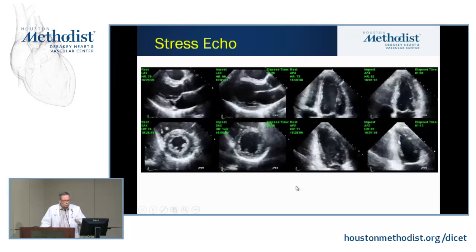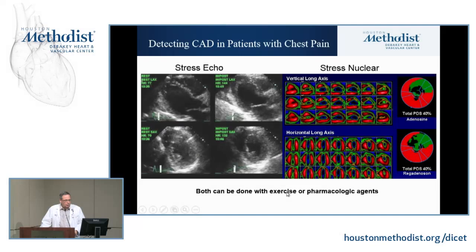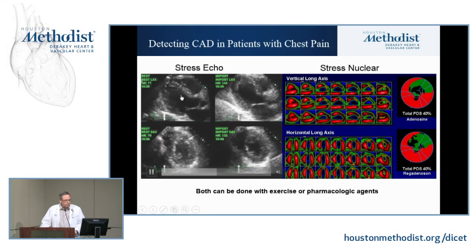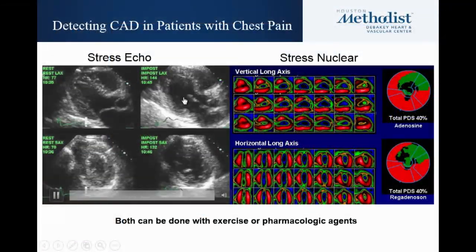And we showed something like this a few weeks ago, and this is a gentleman that had multivessel disease, with post-exercise significant reduction in global function, and a lot of regional changes. Both are available.